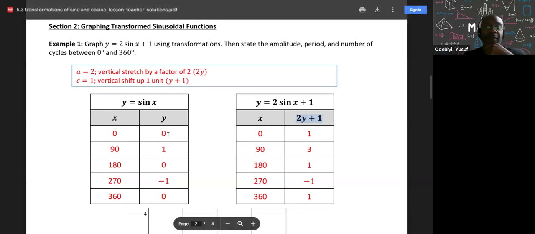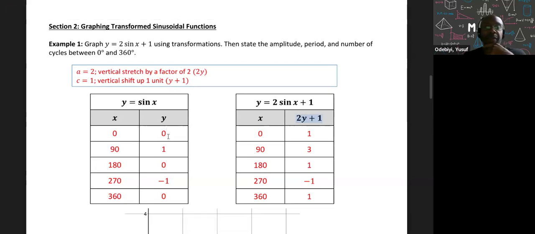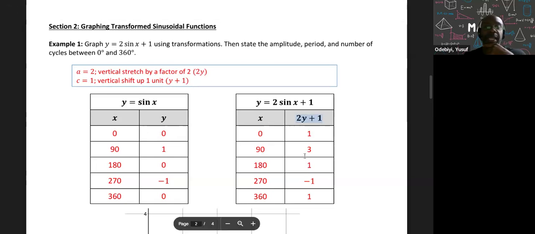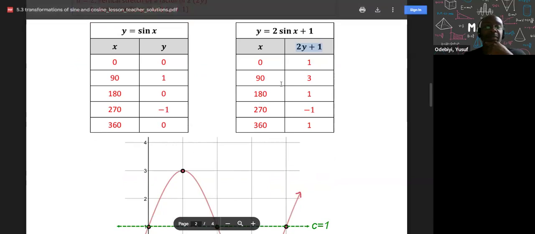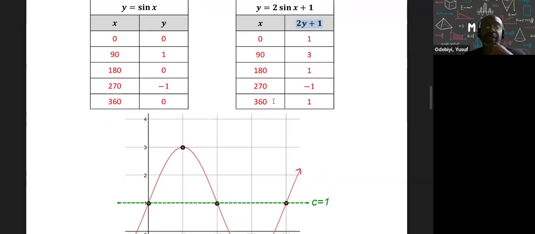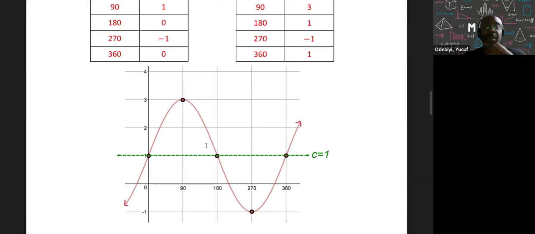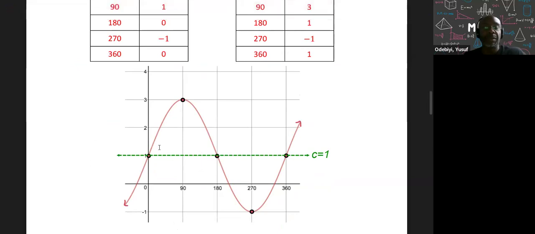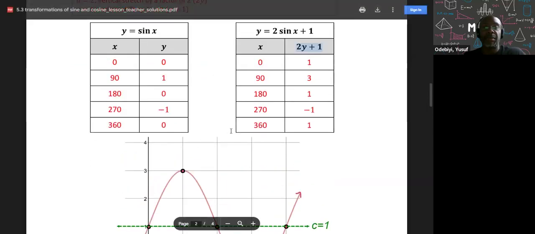So each of my y coordinates on the parent function, I'm going to multiply by 2 and add 1. So over here, multiply by 2, add 1. Multiply by 2, add 1. Okay? And then when you graph the transformed function, you can see it moved up by 1. Also, it stretched. There you go.